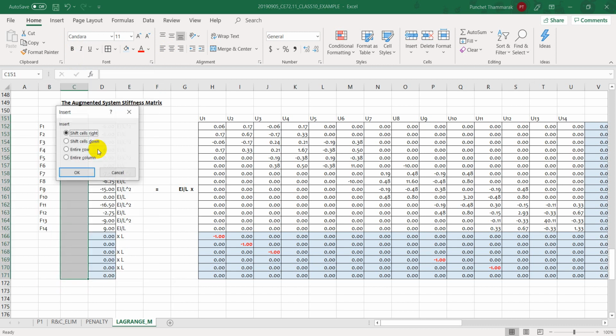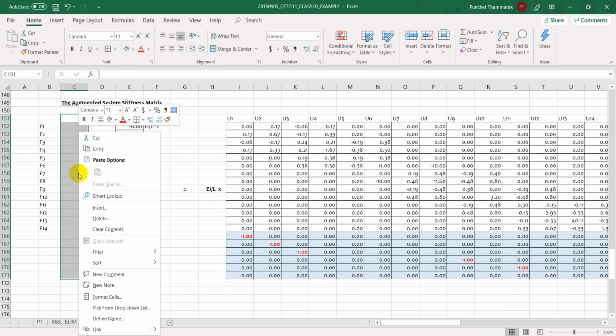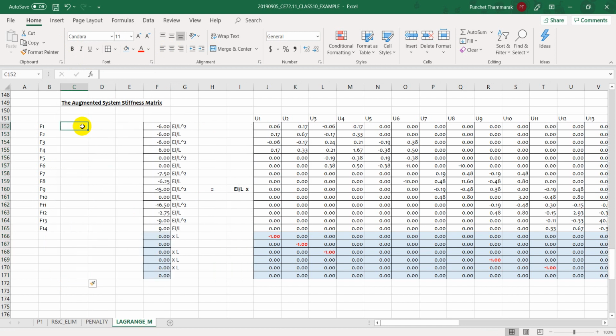Add more columns. Since you have degrees of freedom number 1, 2, 3, 9, 11, they are all supports. So we have reactions: reaction 1, reaction 2, reaction 3. We have reaction number 9 and reaction number 11.